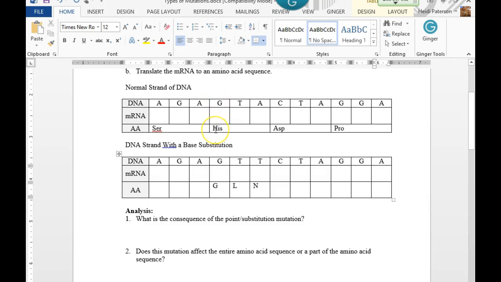What happened to the amino acid sequence from this point on? Was every amino acid different after serine? Yeah. Was one amino acid different? Did you have stops appearing? You would get stop appearing at AC. Yeah. So it shifts everything.